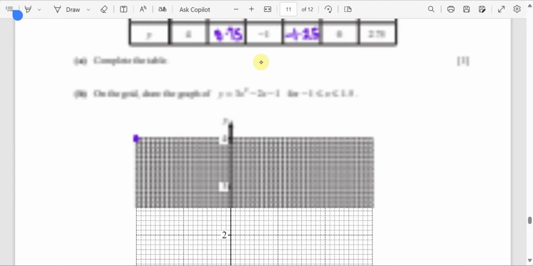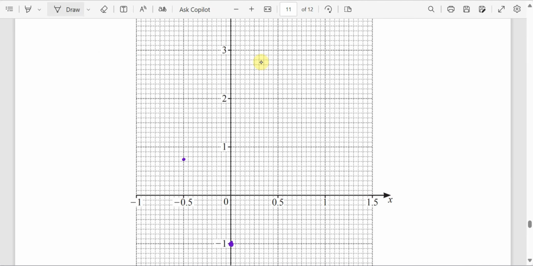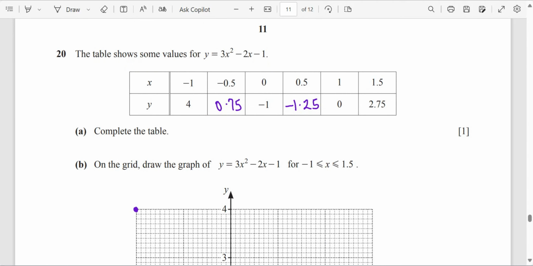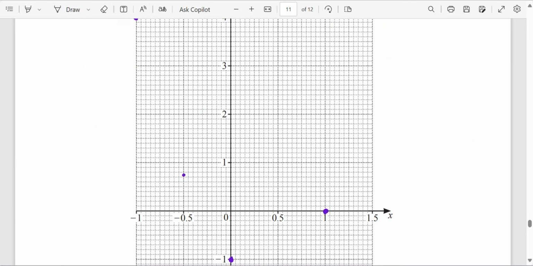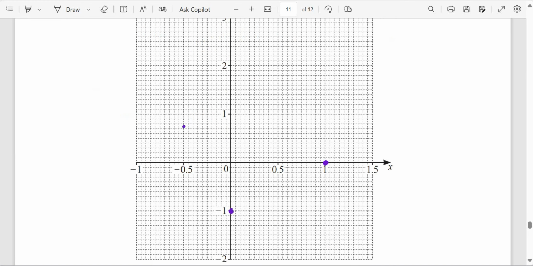We have two more points. When x is 1, y is 0. And lastly, when x is 1.5, y is 2.75. So we come here, 2.75. This is 2.5, 2.6, 2.7, so 2.75 will be somewhere around here.